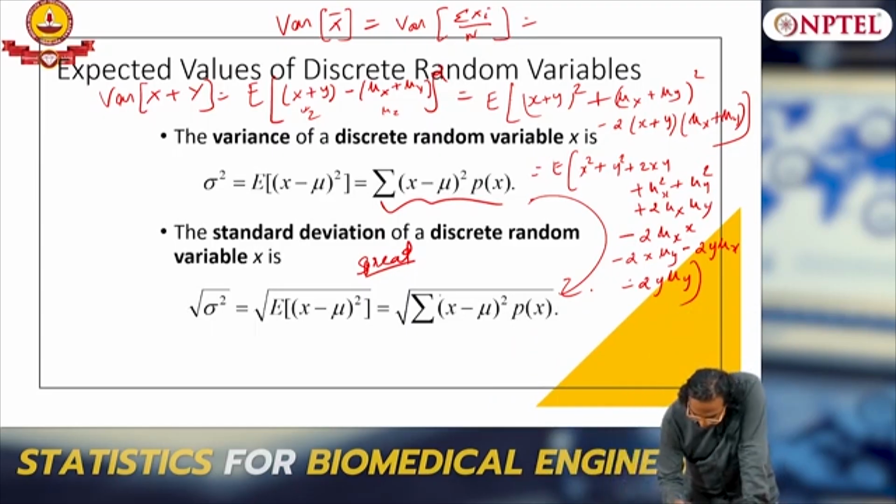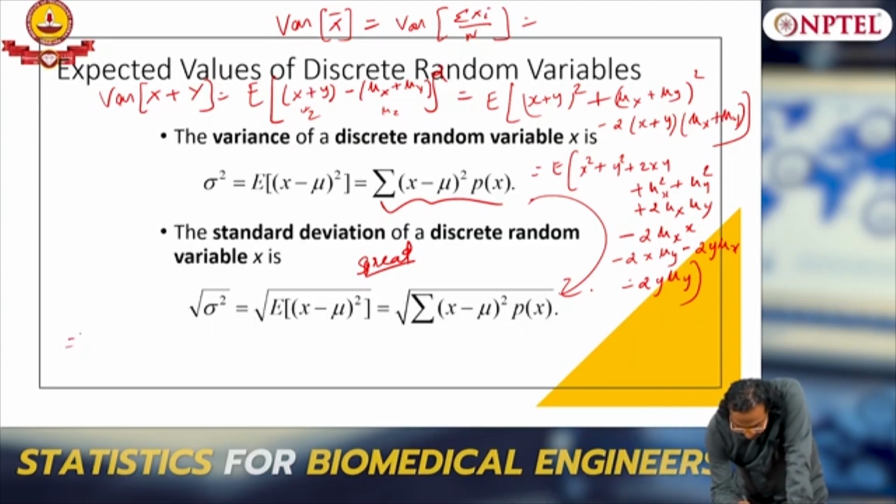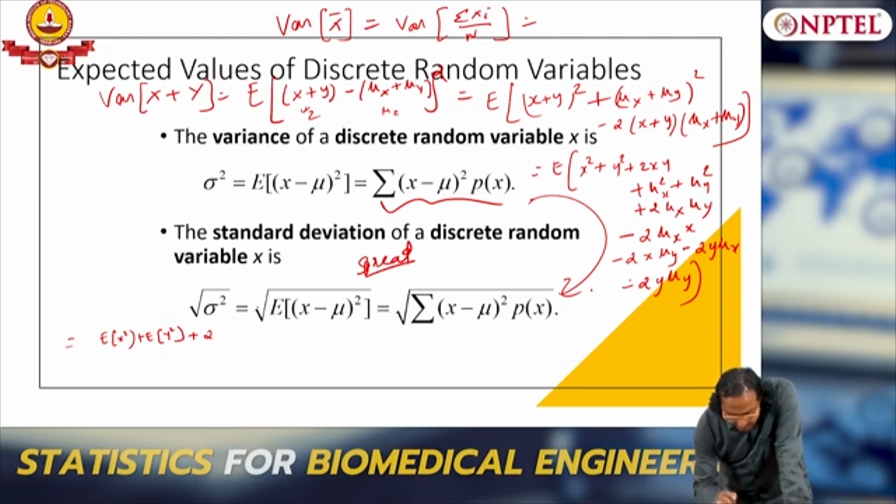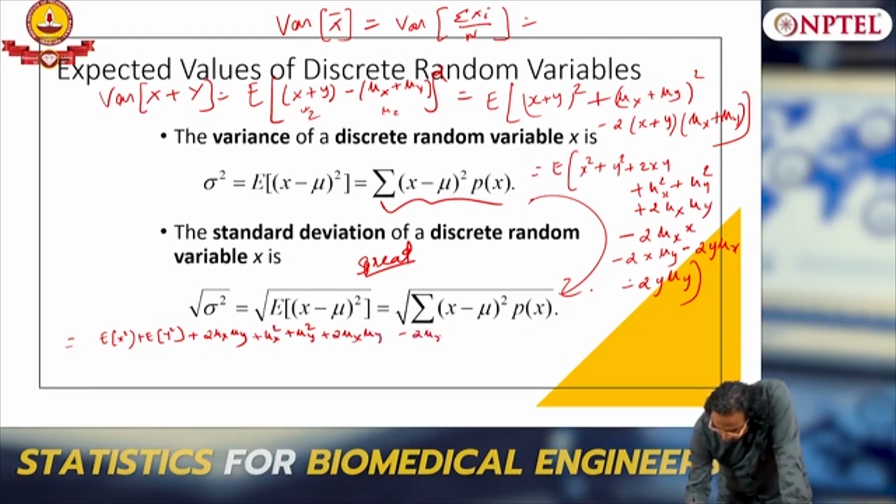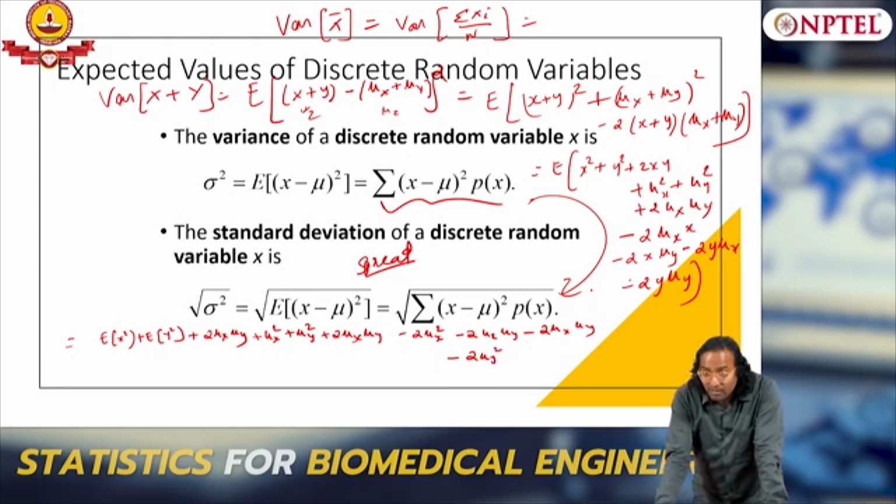So what do I have? This is nothing but, individually take expectation, expectation is a linear operator. So this is nothing but expectation of x squared plus expectation of y squared plus 2 times expectation of x, mu x, expectation of y is mu y, plus expectation of a constant is a constant, so mu x mu y squared plus 2 mu x mu y minus 2 mu x squared minus 2 mu x mu y minus 2 mu x mu y plus minus 2 mu y squared, correct, right, agreed.